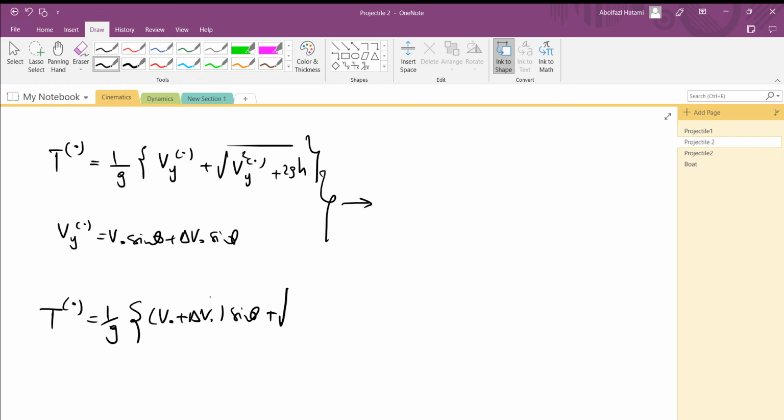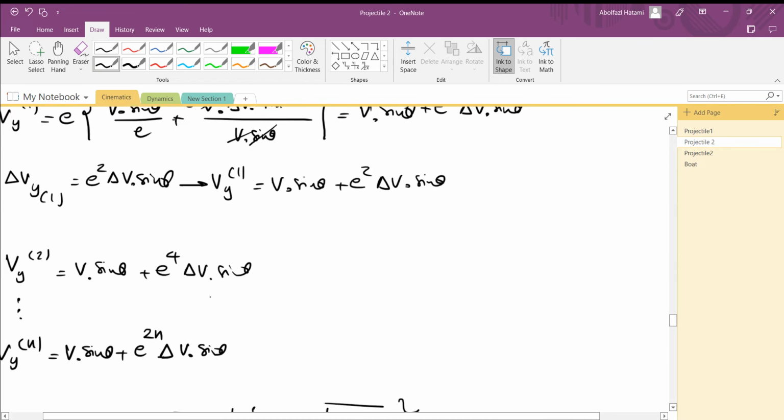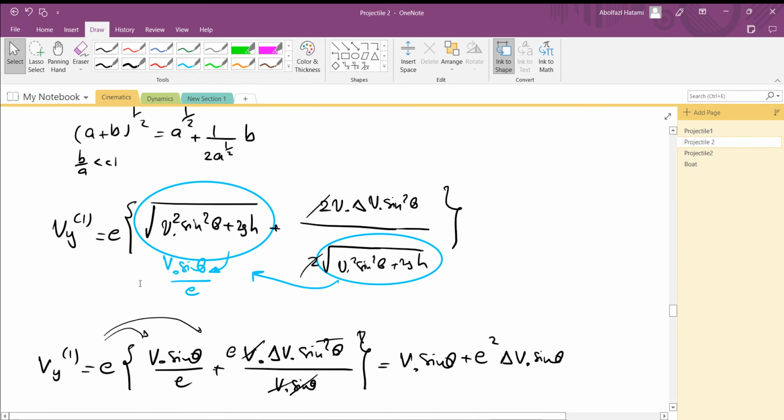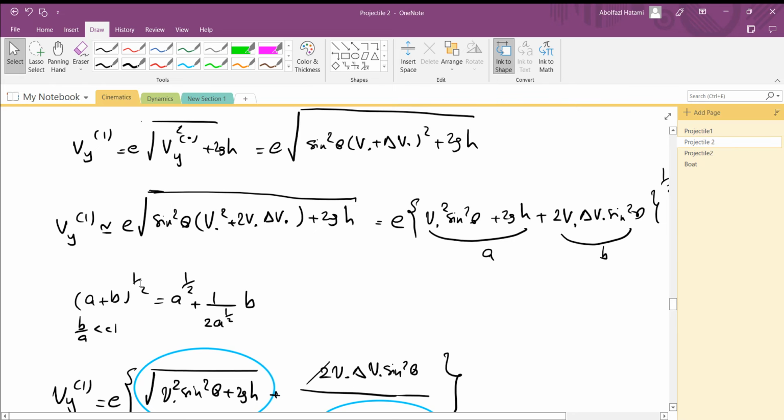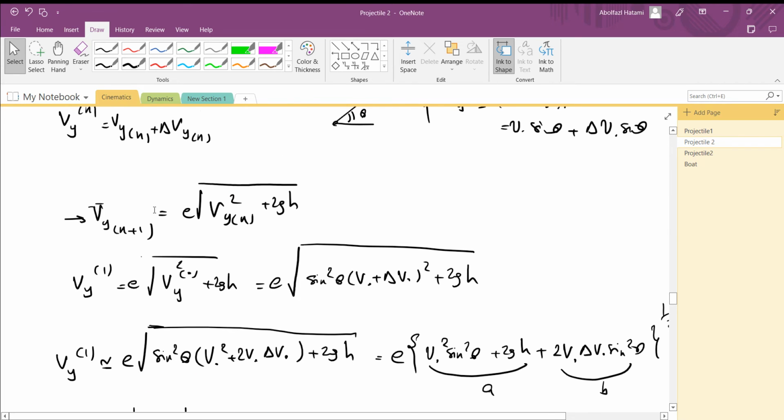This radical, let me write it. This is sine 2 theta V0 plus, actually it is something like this, 2 V0 delta V0 plus 2gh. Again, it is just Vy0 square plus 2gh, where we substituted Vy as Vy0, which was V0 plus delta V0 sine theta.